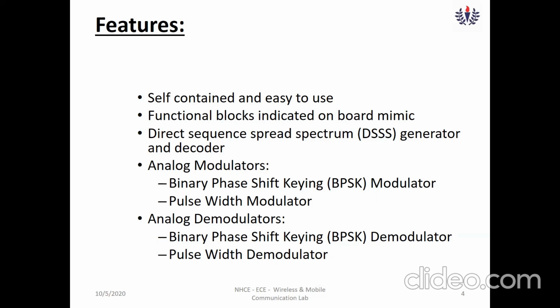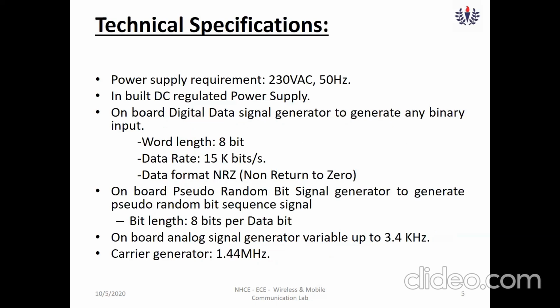So once we get into the exact experiment explanation, you will come to know how these modulation and demodulation techniques work. Now, the technical specifications will help us understand the power flow inside the trainer kit and the specialities of input and output we can obtain.